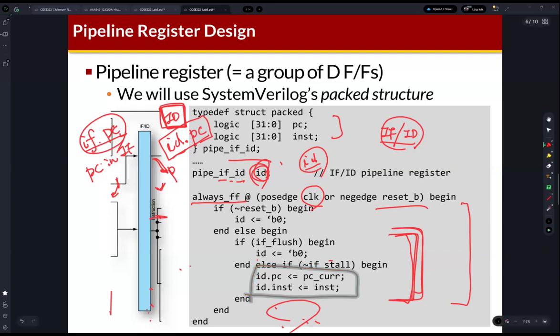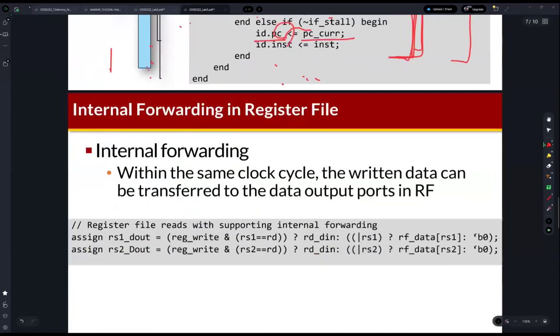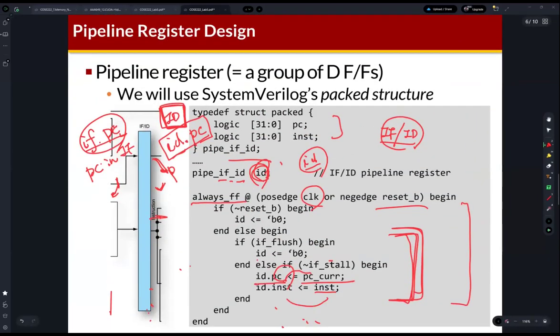And then we can find that this is the ID.pc. The current PC is propagated to the ID.pc. So this is the program counter signal in ID stage. Then also the instruction is propagated.